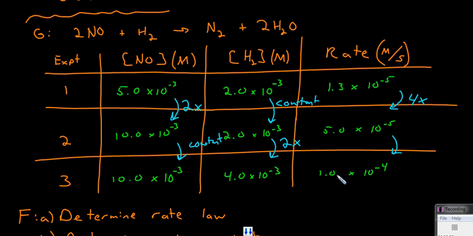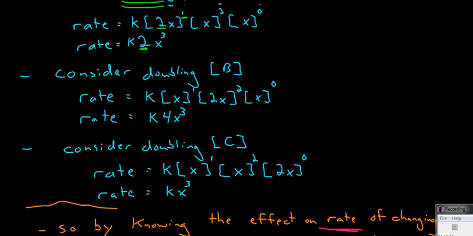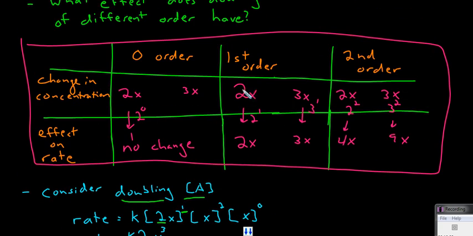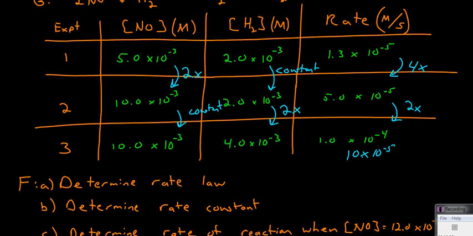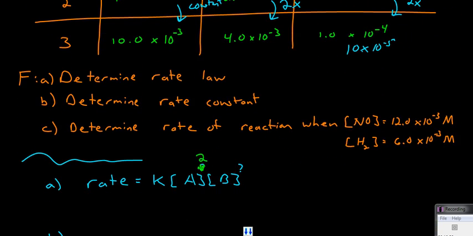Actually, 1.0 times 10 to the negative 4 is 10 times 10 to the negative 5. We see that the rate went from 5 to 10 to the negative 5. It actually doubled. So holding this other reactant constant and doubling H2, we can see a doubling in the rate of the reaction. And so we know then, if they have a linear relationship like that, double one, double the other, that means we have a first order reactant. And so B must be first order.